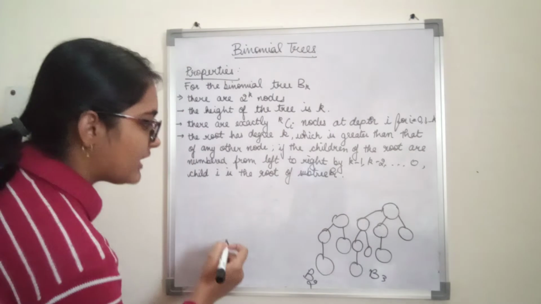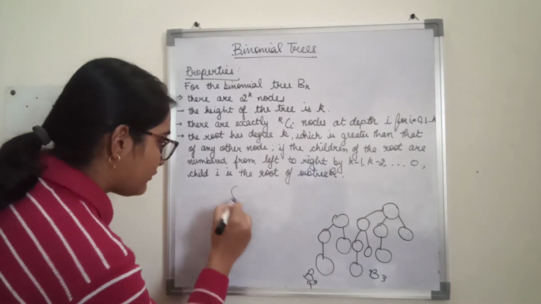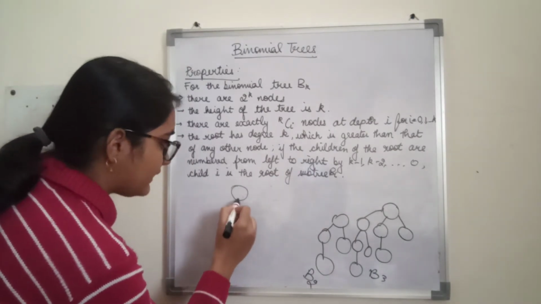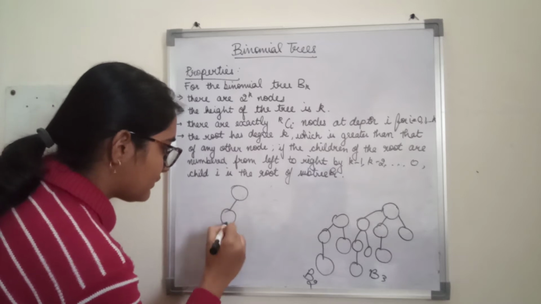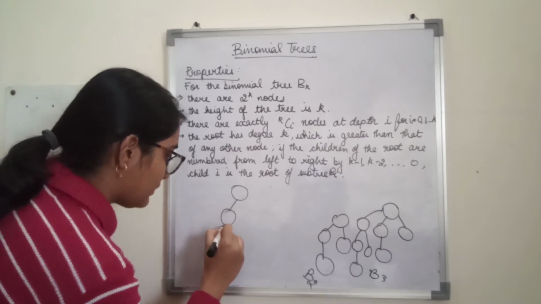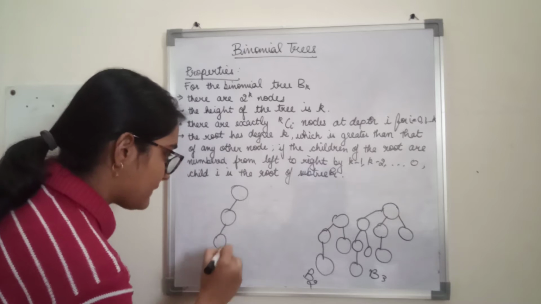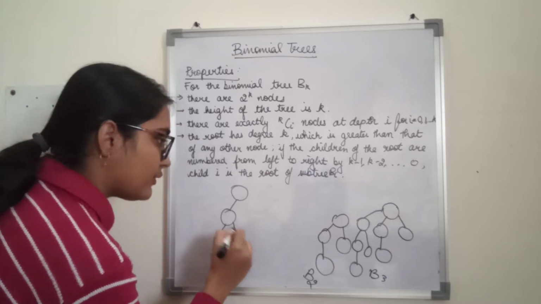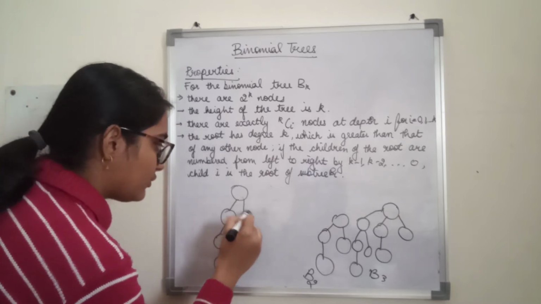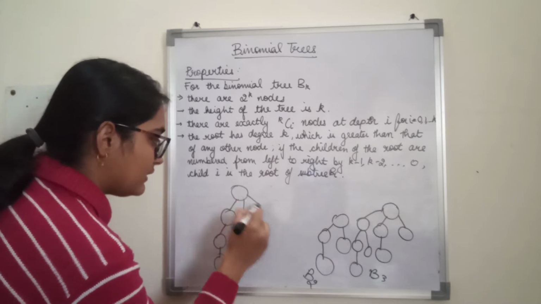So we have to link B3 to B3 to form B4. Let us draw B3 first. And then there is one more child, and then one more child.